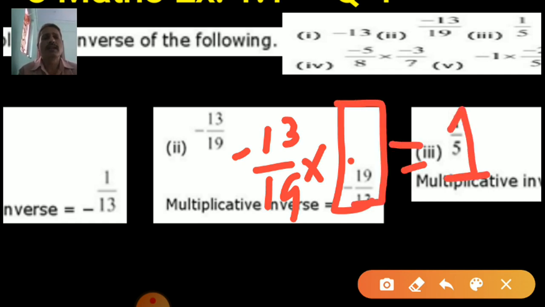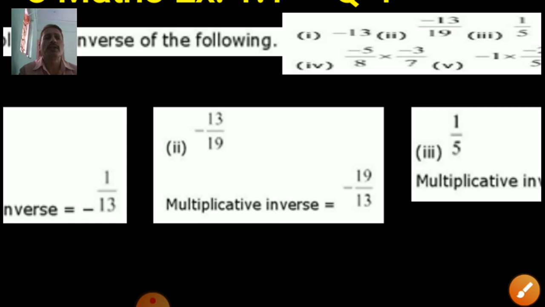First of all there is a minus sign, and a minus sign, and what are the numbers here? 19 and 13. So 13 cancels, 19 cancels. So 1 into 1, 1 only, but minus into minus is plus 1. So the answer is minus 19 upon 13. You just twist it from this way to that way. Okay, 1 upon 5, 5 upon 1.